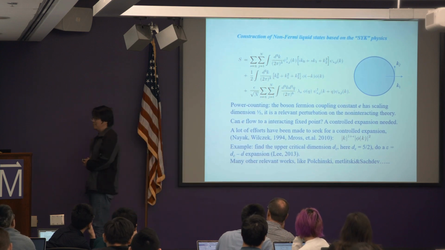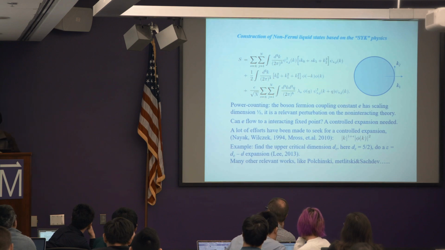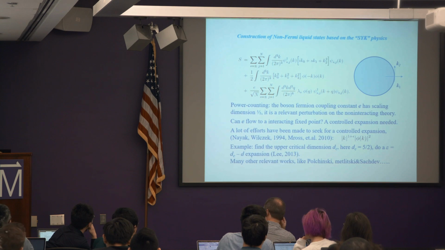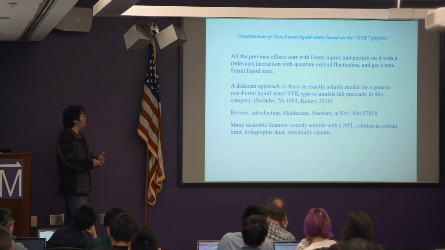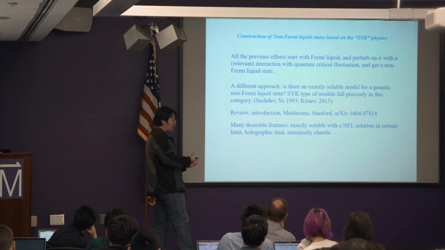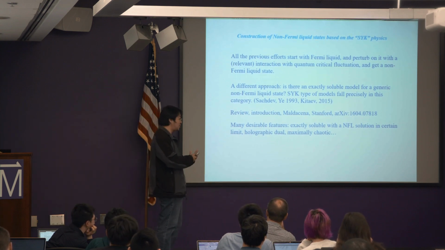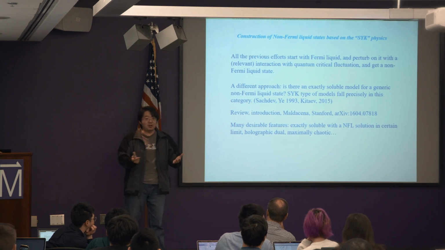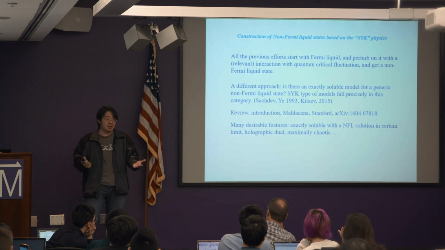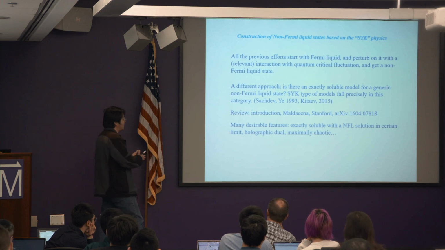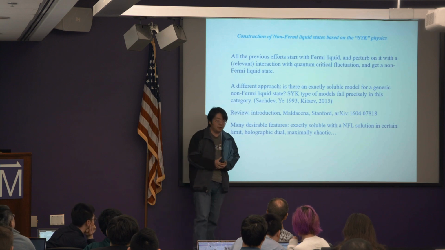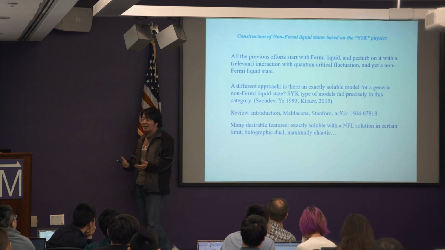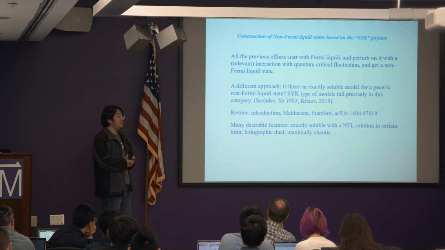But today, let me try to talk about a new perspective on constructing non-Fermi liquids, which started just a few years ago. As I said, the previous efforts were to start with a Fermi liquid and try to make it a non-Fermi liquid. This is like the standard method of studying interacting conformal field theory: start with a non-interacting or Gaussian theory and do perturbation around it.